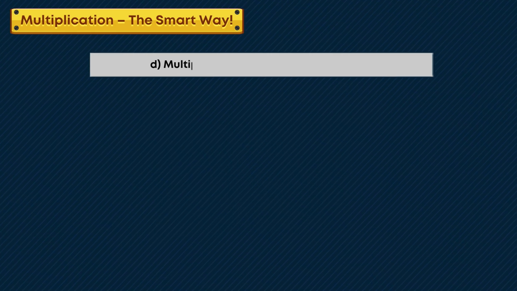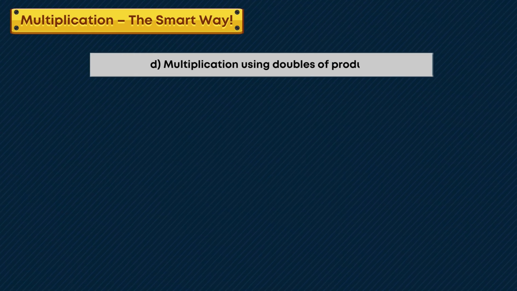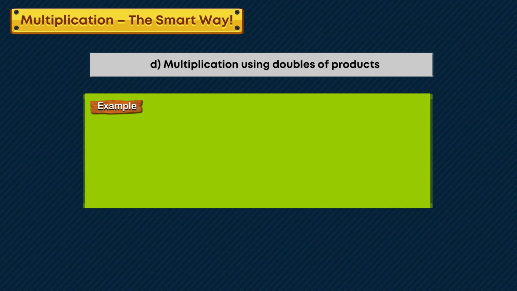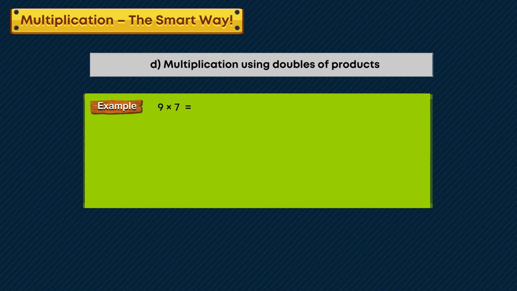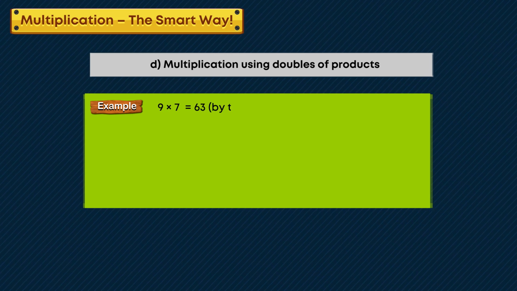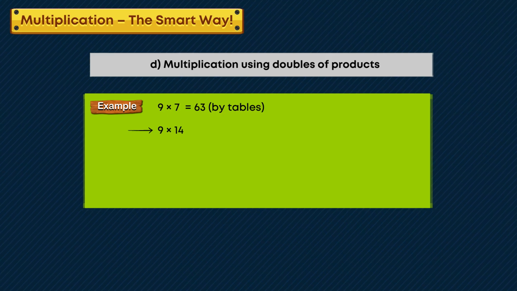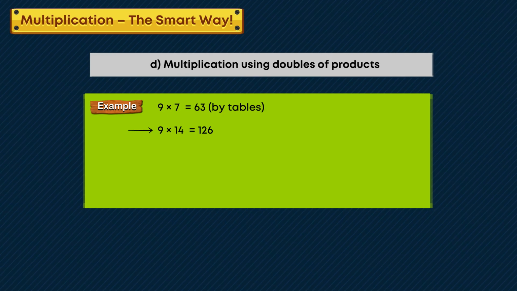D. Multiplication using doubles of products. Example: 9 into 7 is equal to 63 by tables. 9 into 14 is equal to 126.